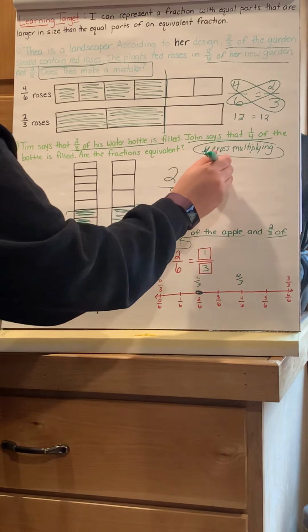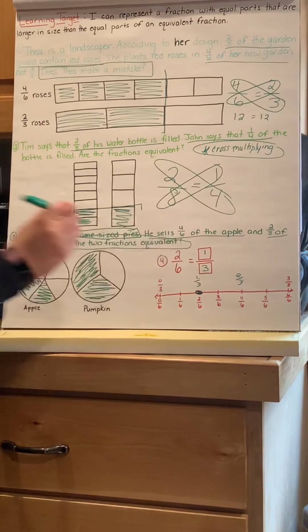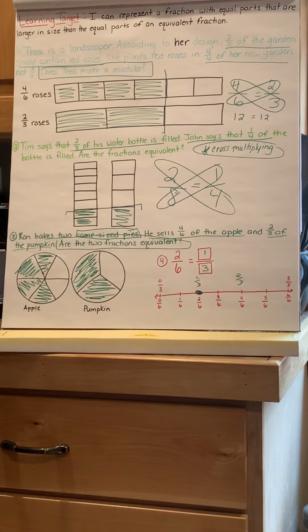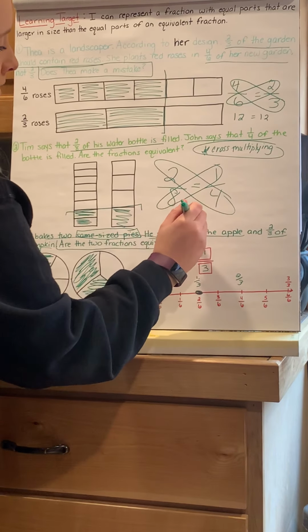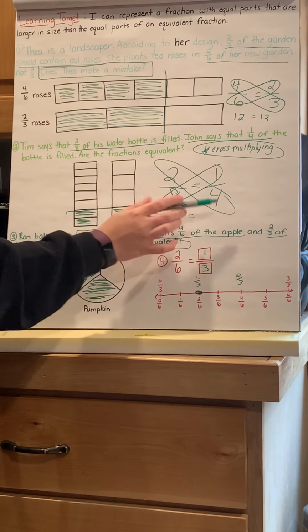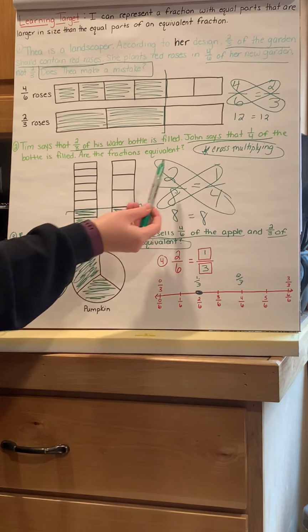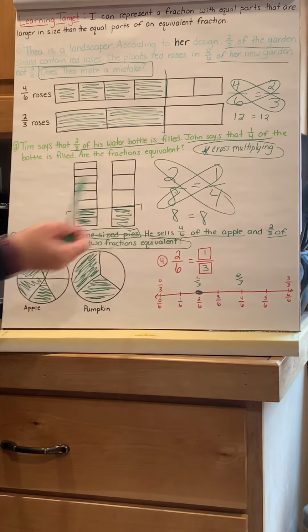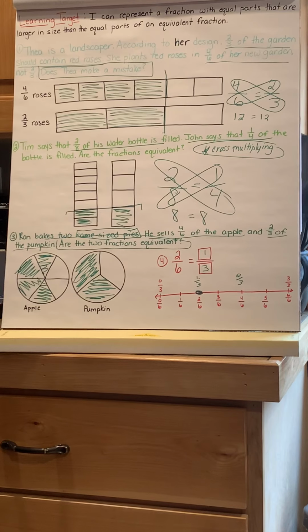Same with right here. If I want to cross multiply, instead of drawing a picture, I would say 8 times 1, that's 8, equals 2 times 4 is also 8. So 2/8 is equivalent to 1/4 because both fractions, when I cross multiply them, equal 8.